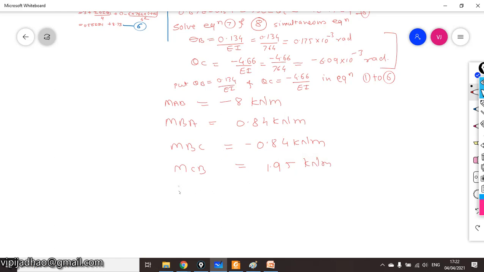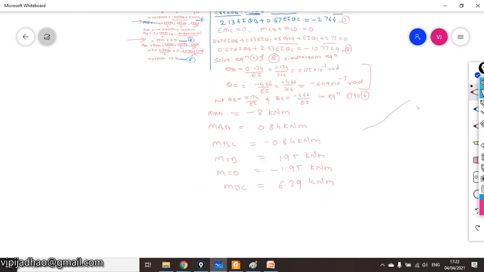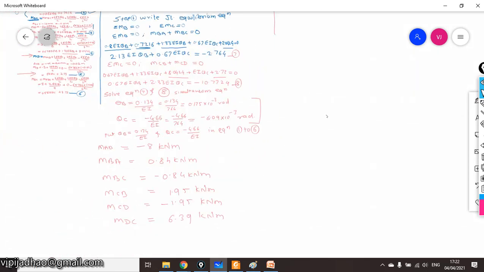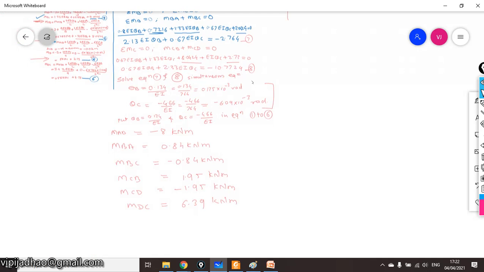MCD is equal to minus 1.95 kilonewton meter. And MDC is equal to 6.39 kilonewton meter. So these will be the final bending moment or fixed end moment values at the support. Okay, so this is how we have to solve and analyze this particular problem.